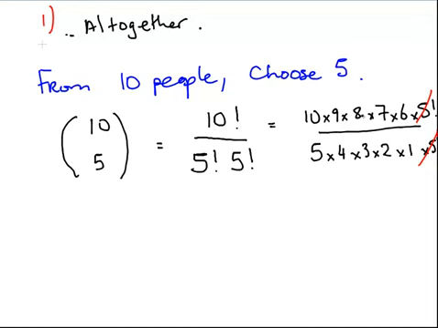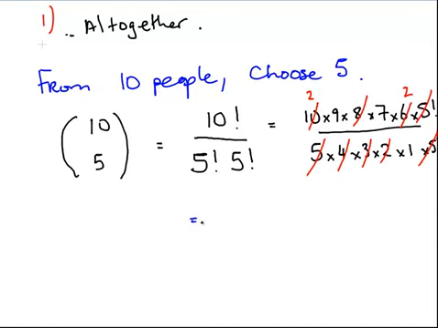I'm going to do some more cancellations here. 8 can cancel out with 4 and 3, for example. 3 can cancel out with the 6, just leaving a 2 there. And 5 will cancel out with a 10 to leave a 2 there. The 1 we'll just leave alone.